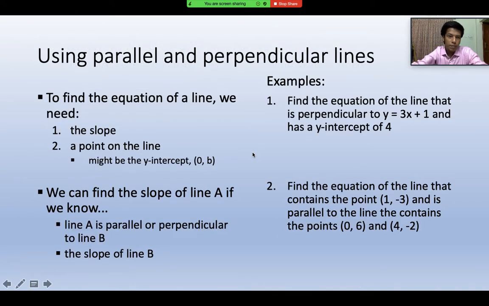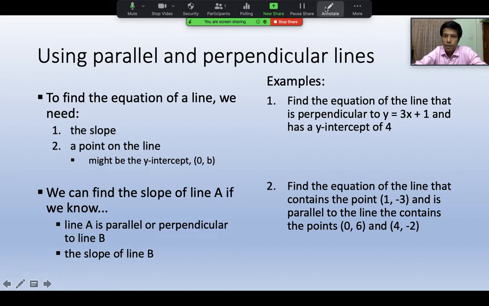So here, how can we find the equation of a line when lines are parallel or perpendicular, or when something is given and something is not given? What approach will we take to find the equation of the line? Let's look at this example. To find the equation of a line, we need the slope and a point on the line. What does it mean?